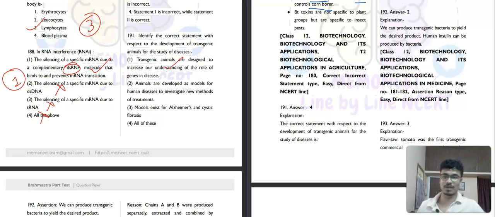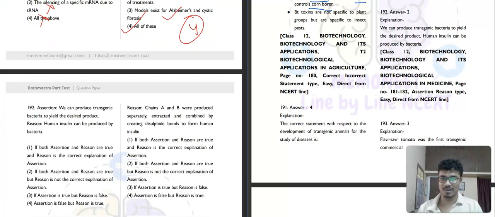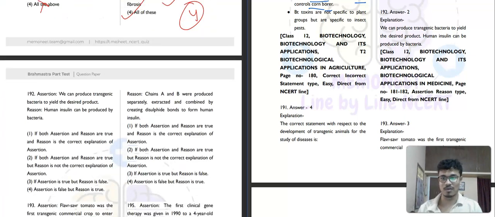That's why they are being developed. Animals are developed as models for human diseases to investigate new methods of treatment, because you can't apply them on humans, that is prohibited. And models exist for Alzheimer's and cystic fibrosis, correct? So, fourth option is our correct answer. It is a little out of NCERT, but you can answer this if you have some common knowledge.